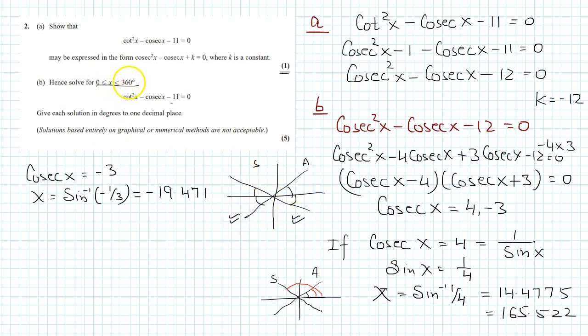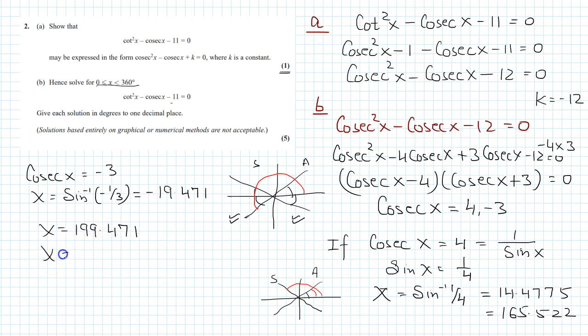Our range is 0 to 360, we can't go this way, we have to go that way. So one angle will be 180 plus 19.471, that is 199.47, so x will be 199.471.